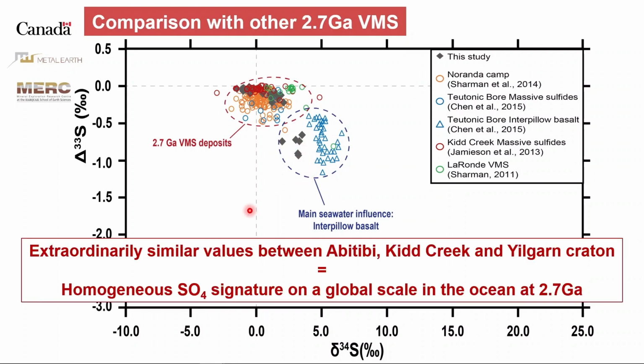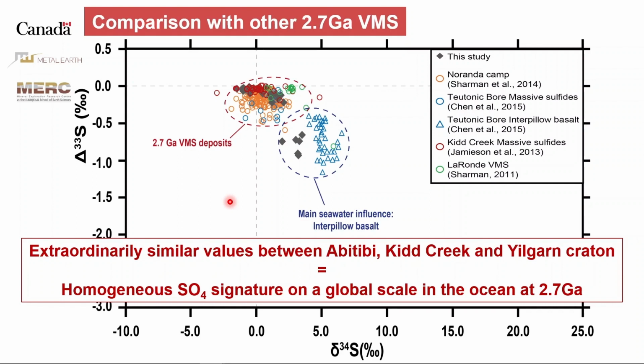It implies extraordinarily similar values between the Abitibi, Kidd Creek, and the Yilgarn craton. It shows that the isotopic signature of sulfate in the ocean at 2.7 billion years was homogeneous. That's a big clue, because some people thought there were different isotopic signatures.